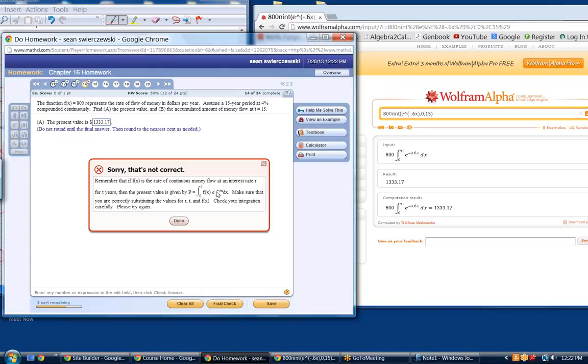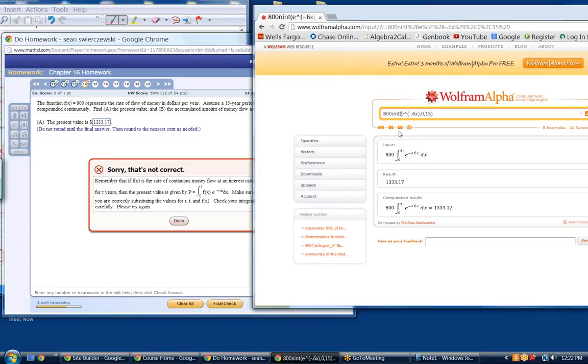The fact that this is t and this is x doesn't matter either. 4% is 0.04 times 15 is 0.6. Just to show you it doesn't matter, I'll put the 800 inside.